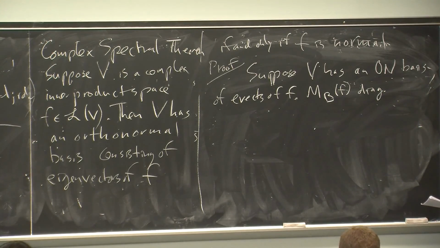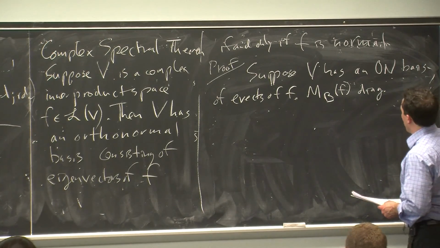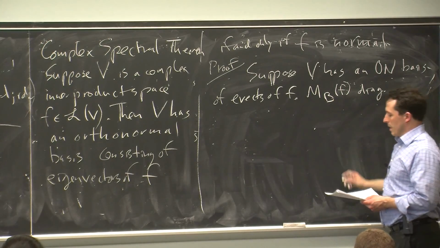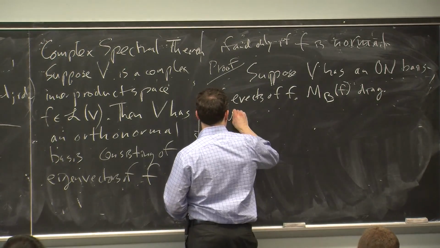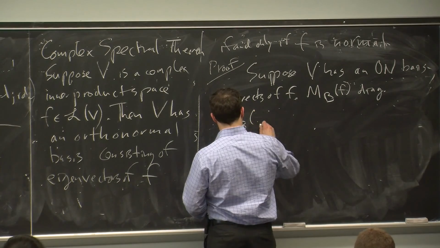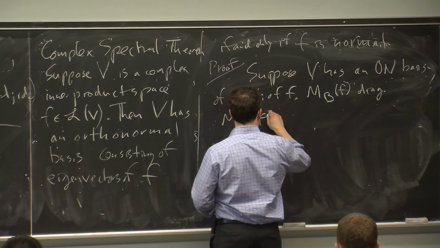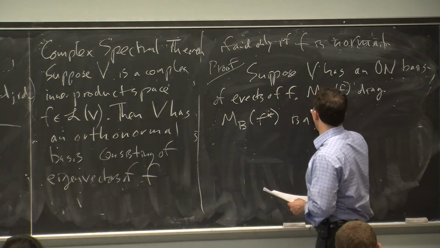We have an orthonormal basis, and so the matrix of its adjoint is the conjugate transpose of its matrix. So the matrix of F star is also diagonal, in particular.